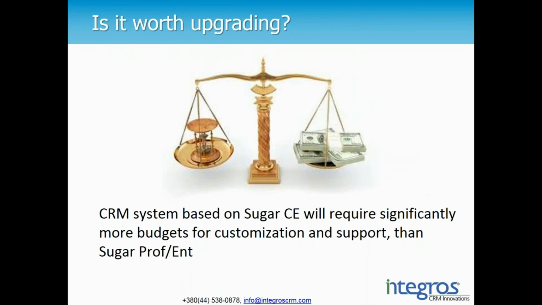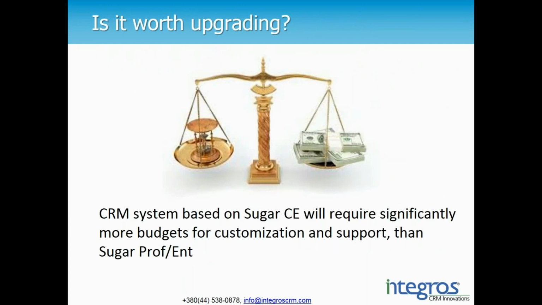To answer the question, should I stay with CE or migrate to professional, and when to migrate, one should consider the cost of ownership at first, and risks that affect the cost of ownership secondly. Why?